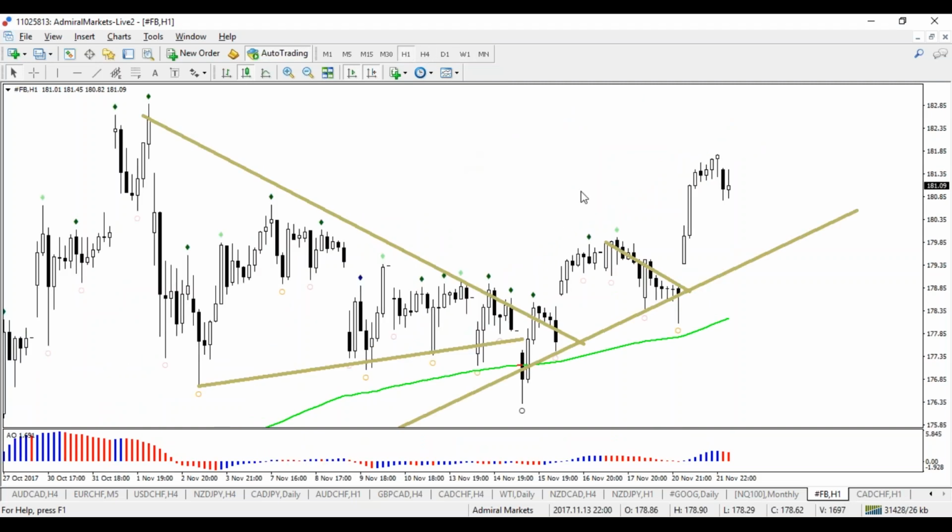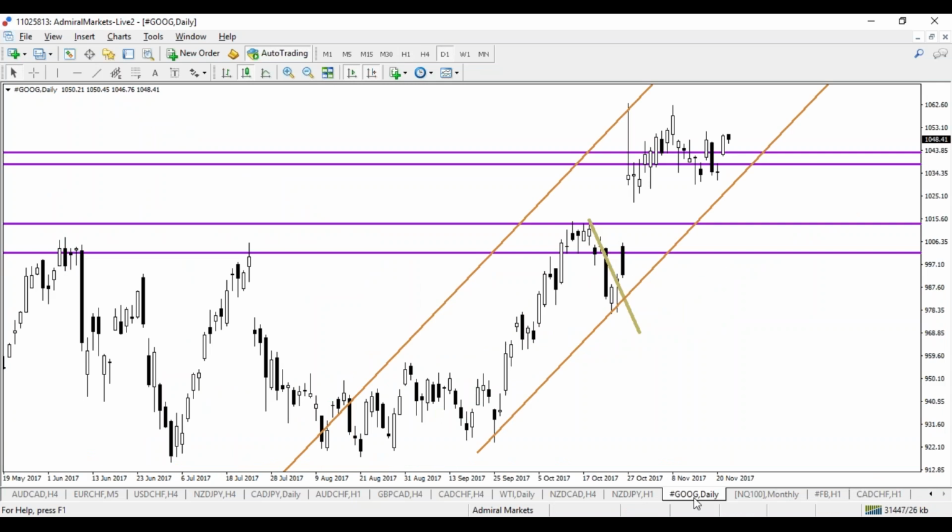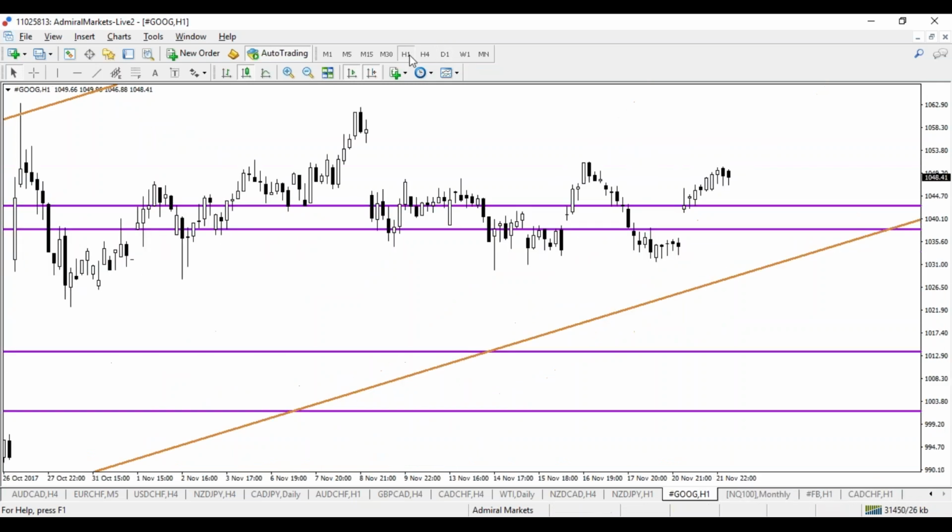I'm not so sure about this Facebook. Maybe better to wait for a correction here, I would say, to get a little bit more info, is my view, when reading this chart.